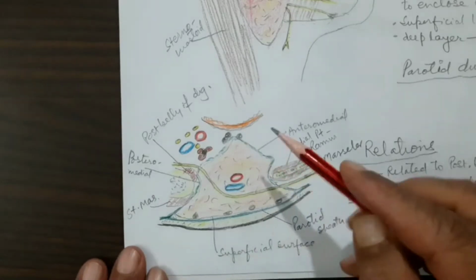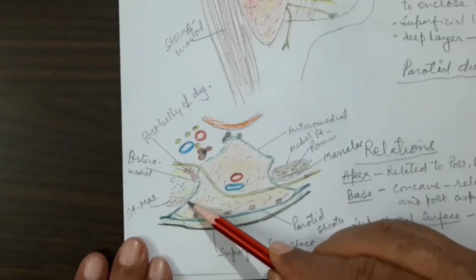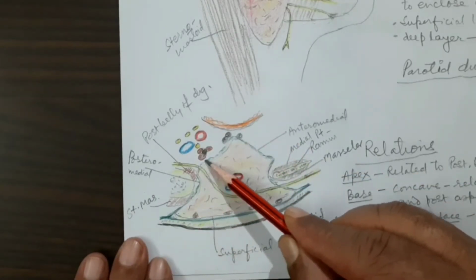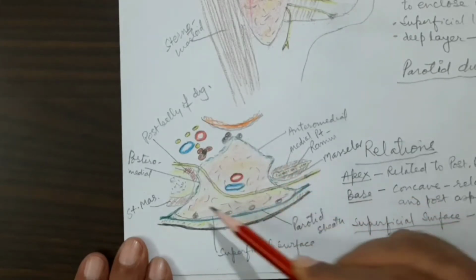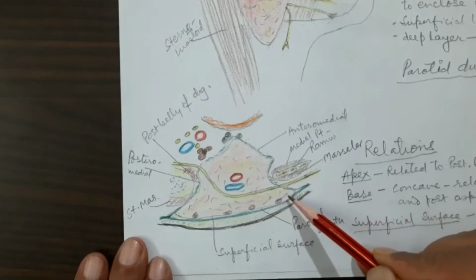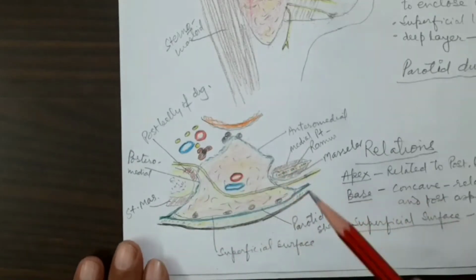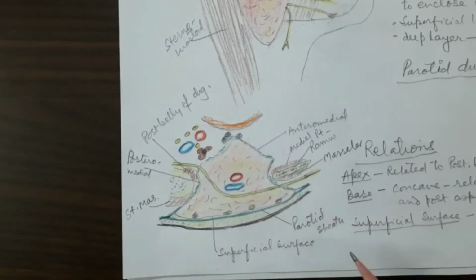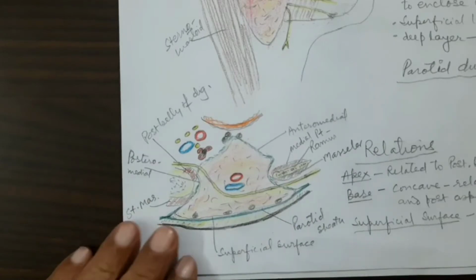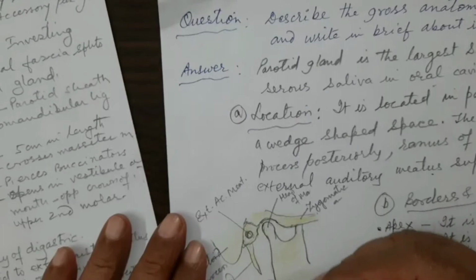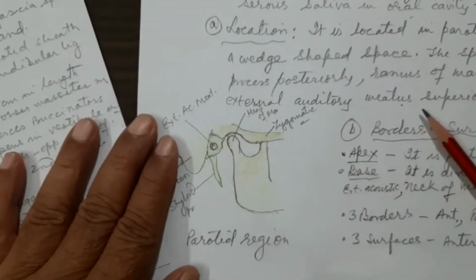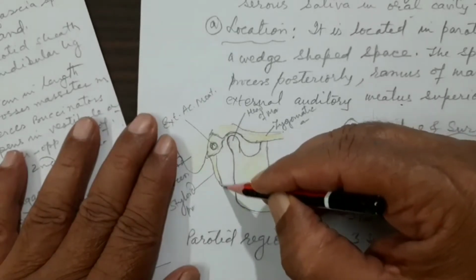But the deeper layer which I have shown you in the dotted line here is very thin, and it covers the undersurface of the gland. It is thick except at a place where it extends between the styloid process and the angle of the mandible, up to the posterior margin of the ramus.